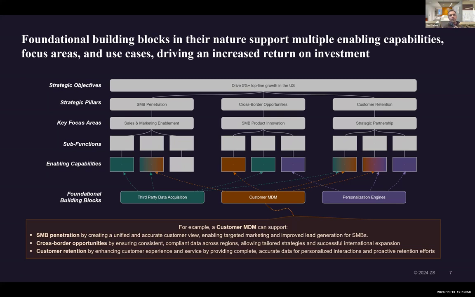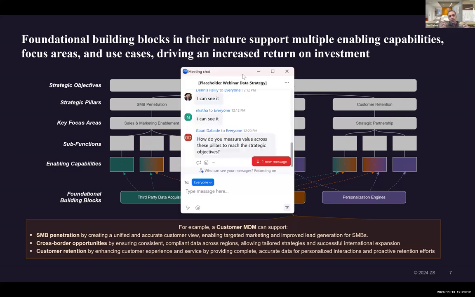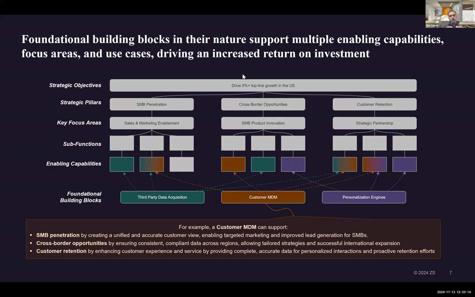There are going to be some common enabling capabilities in master data, or common enabling capabilities in terms of third-party acquisition. There are going to be common enabling capabilities in terms of personalization and whatever you need. So this becomes your method to almost prioritize which ones you have to build, right? And then which ones can be down the road in the roadmap.